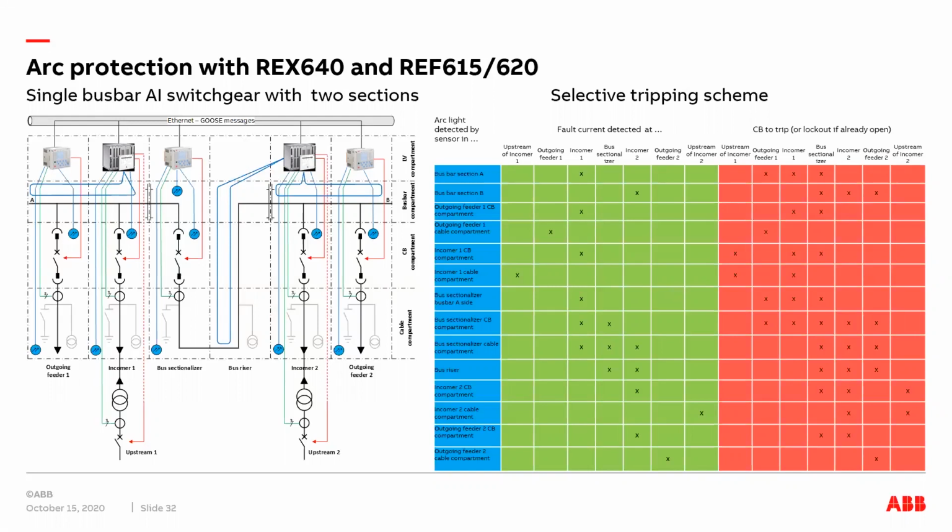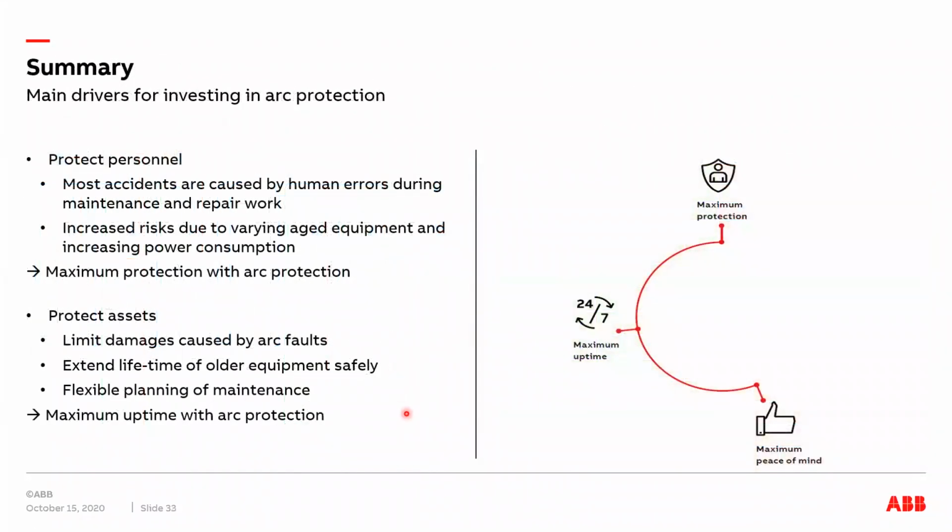All right, then I think we have, as a summary, just a reminder that by investing in arc protection, we do protect the personnel, because most accidents are caused by human errors during maintenance or repair work, and also increased risks due to varying age of equipment and increasing power consumption.